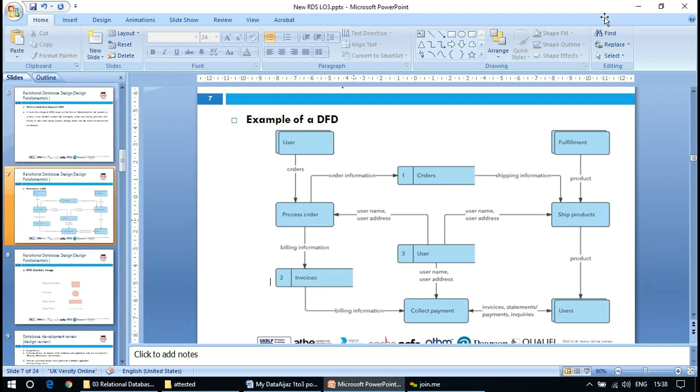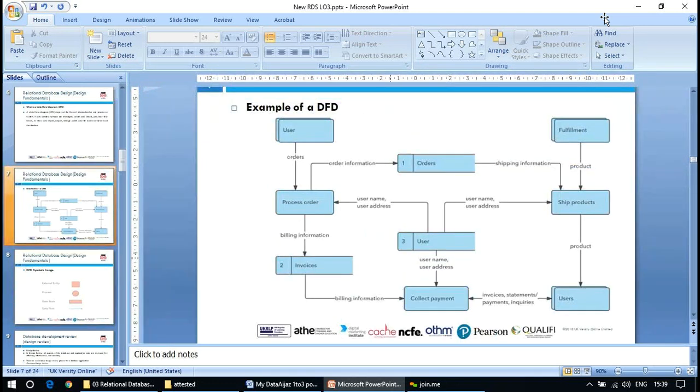That process order needs to create with an entity. An entity is what? Entity, it could be the table, yeah. And then orders, then the users, yeah, would be the entity. And then collect payment could be another entity in the form of tables. Then fulfillment, shipment, and in this way you can create the interaction between them, which is called the data flow diagrams. Make sense? Yes, okay.